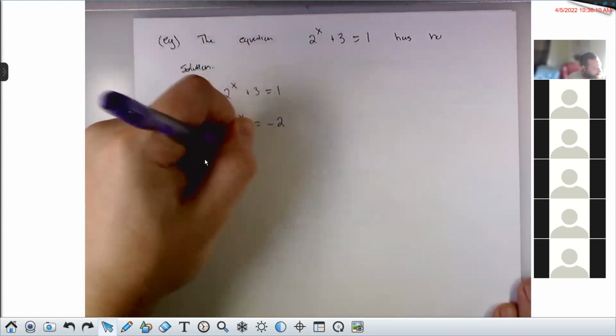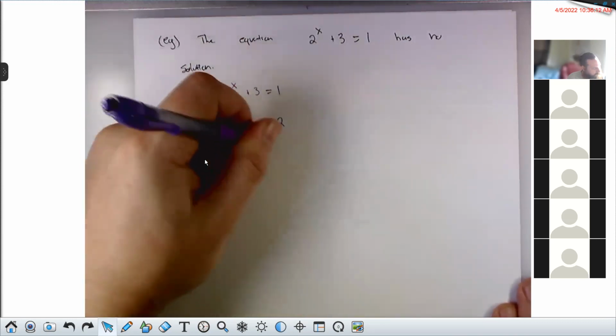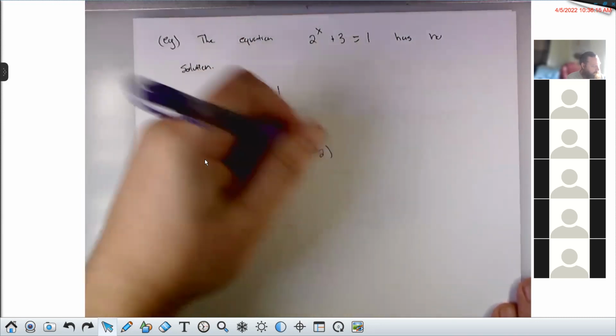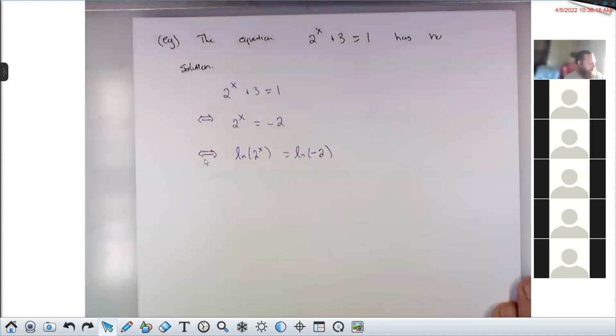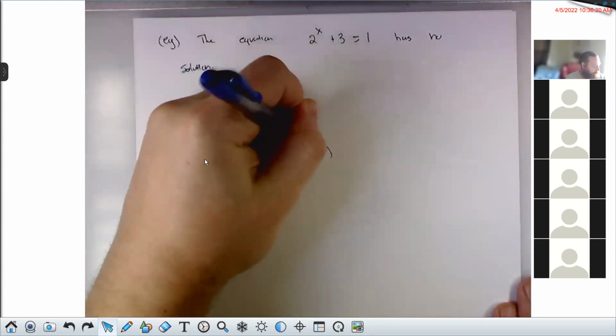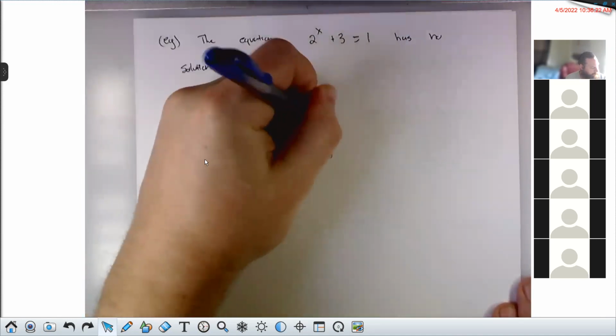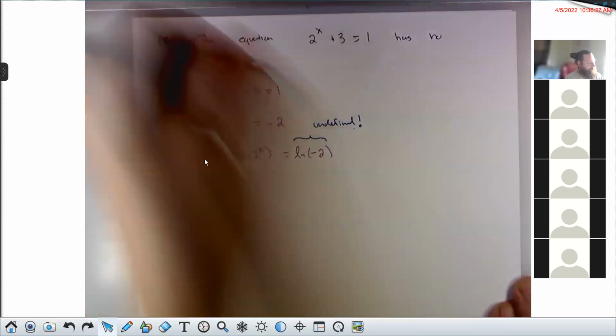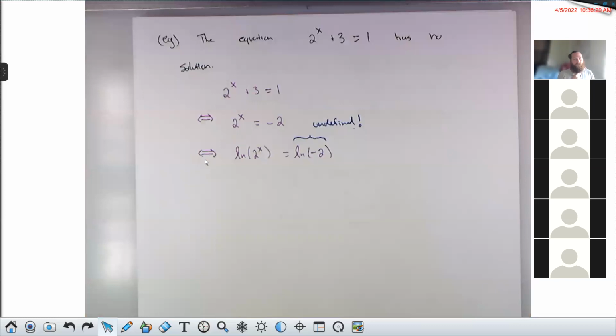I take the natural log on both sides. Then on the right-hand side here, I get the natural log of -2. This is undefined. Does not exist. Can't take the log of a negative number.